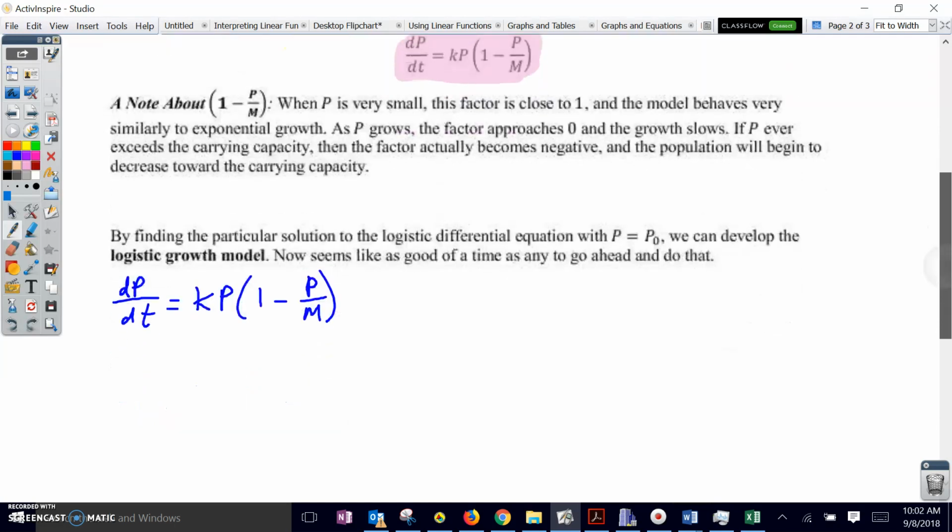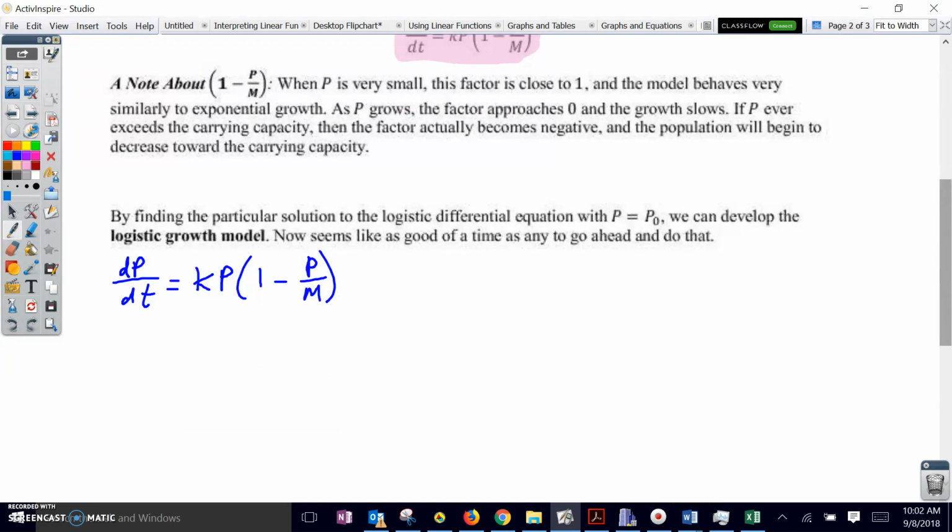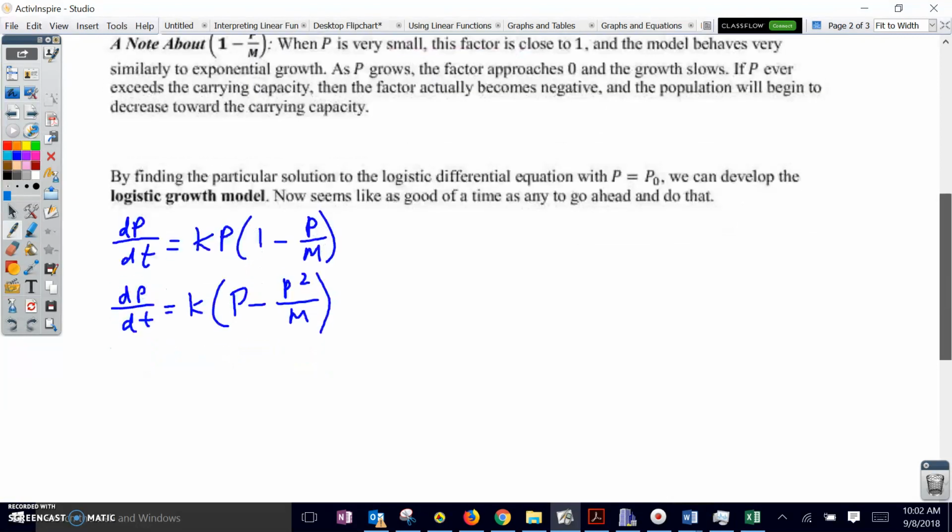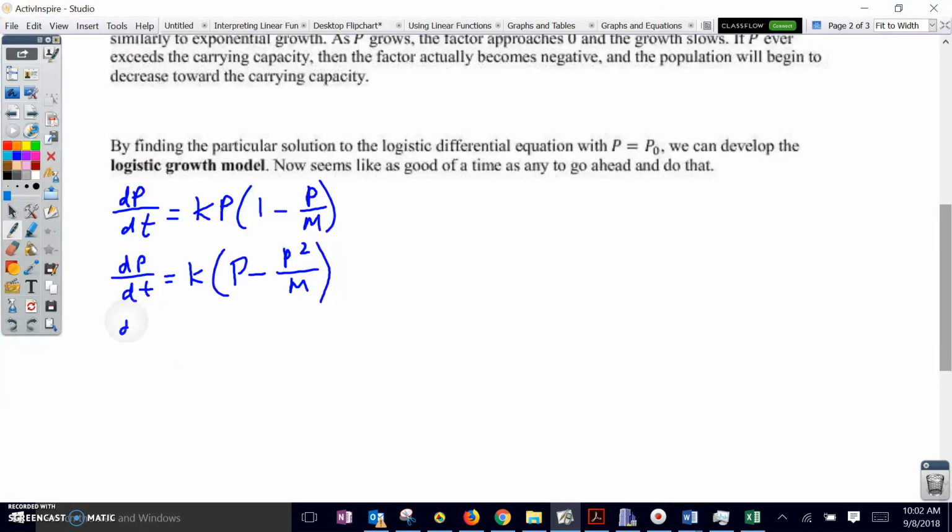And from here I'm going to distribute the P through the parentheses to give us dP/dt equals k times the quantity P minus P squared over M. And then I'm going to find a common denominator for what's inside the parentheses.